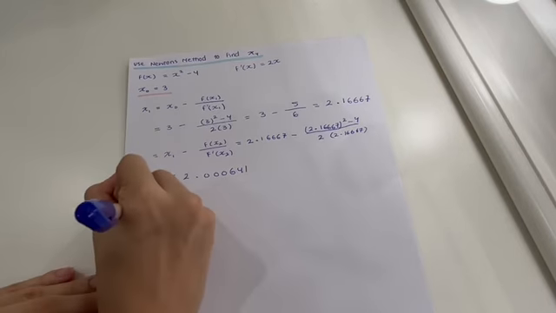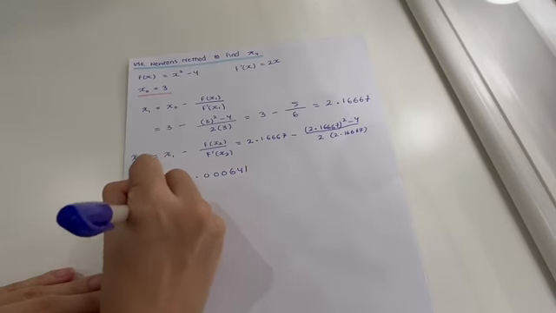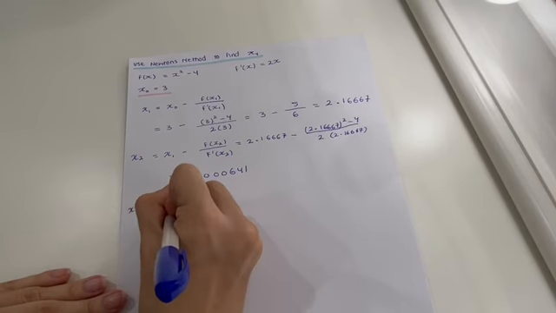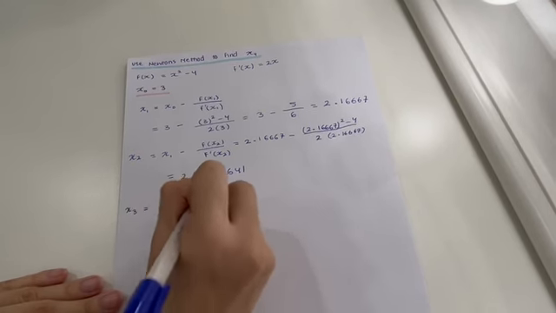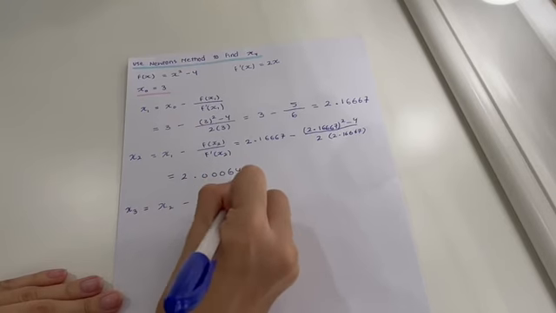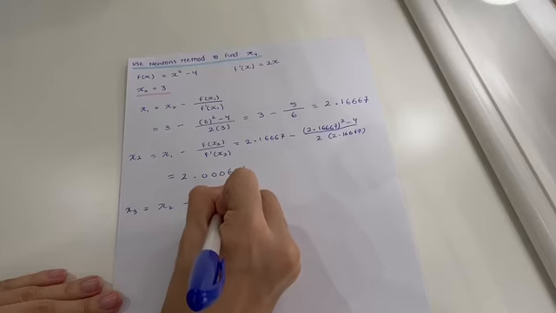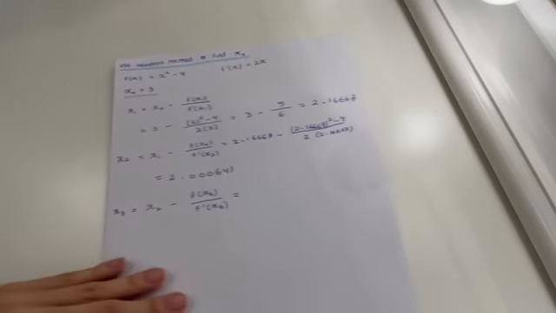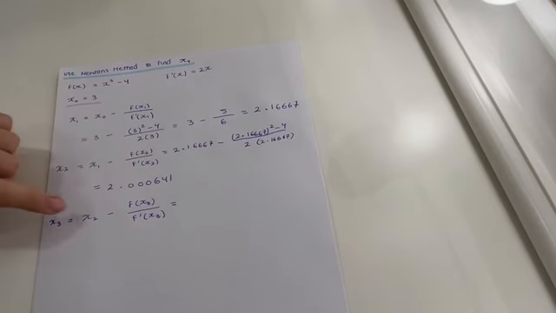Now we move on to x of 3. We write x of 2 minus f of x3 over f derivative x3. Once again, the value we found here, we put it here because it's our x of 2.